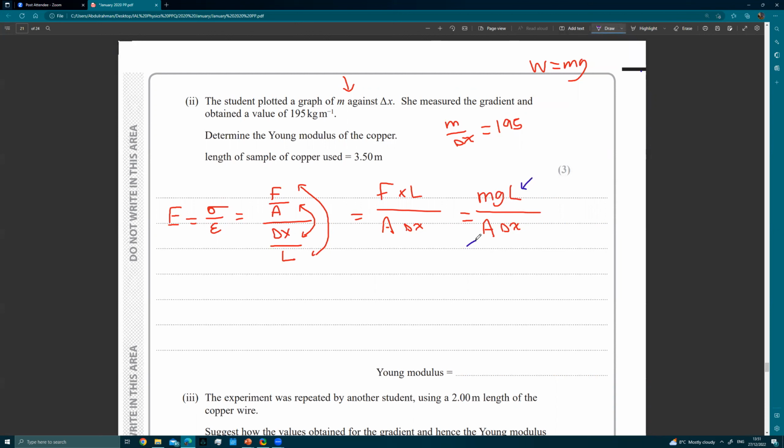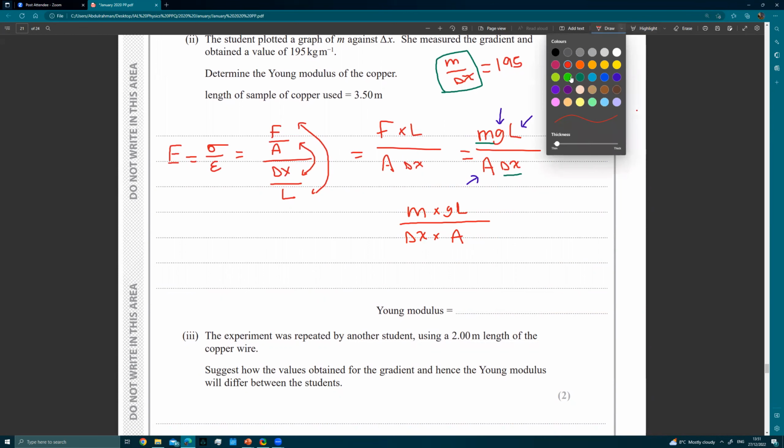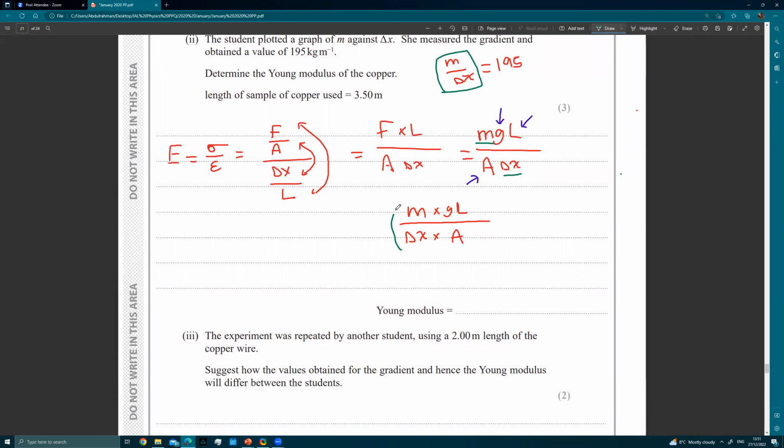So what I'm going to do is rewrite this equation as mass over extension, then multiplied by g times L over the area. As you can see, this mass over extension is the gradient.